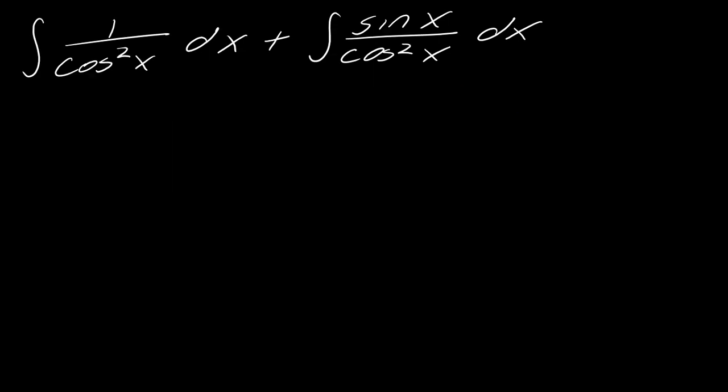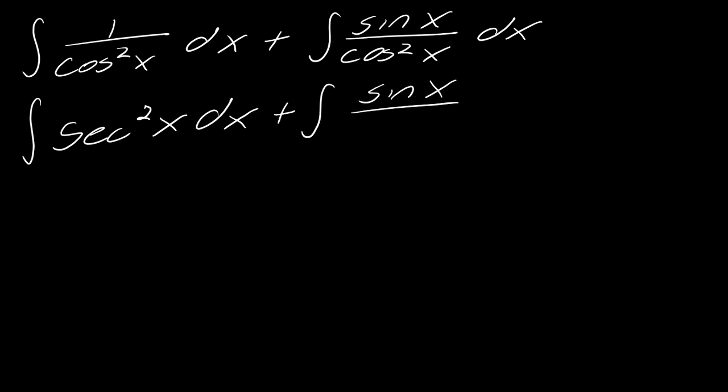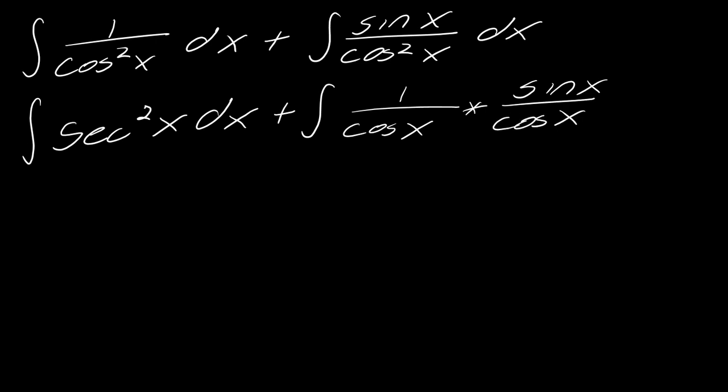Okay, so now I want to rewrite one more time. The first one can be rewritten as secant squared x dx. And the other one I can rewrite as 1 over cosine x times sine x over cosine x dx.